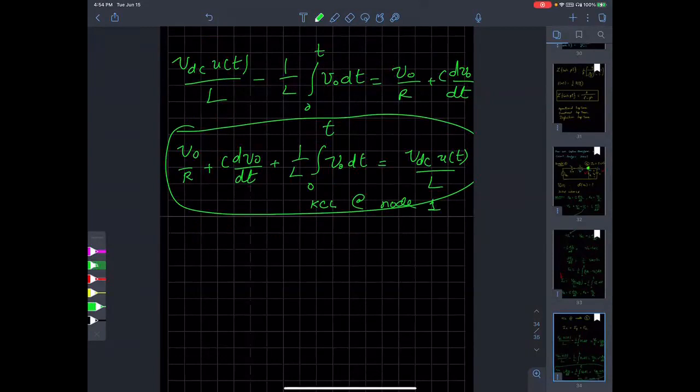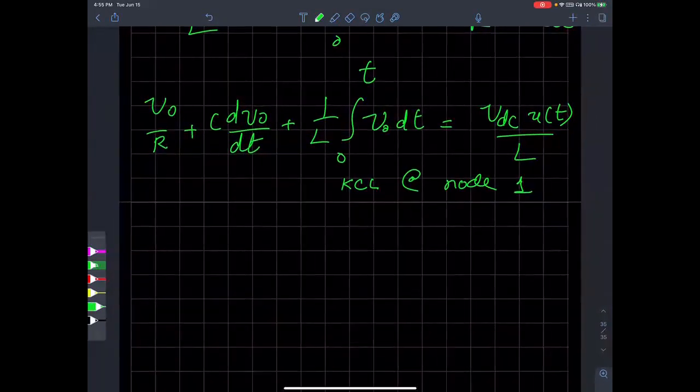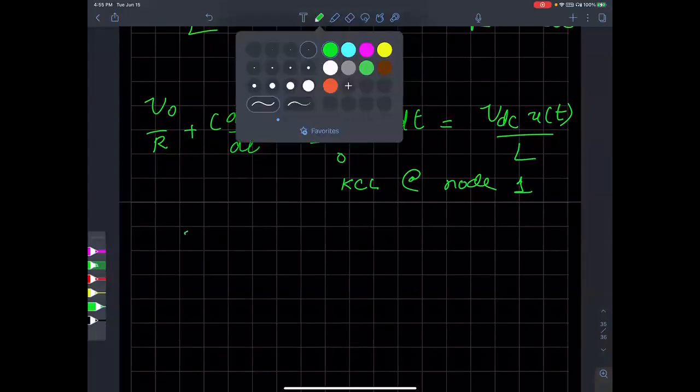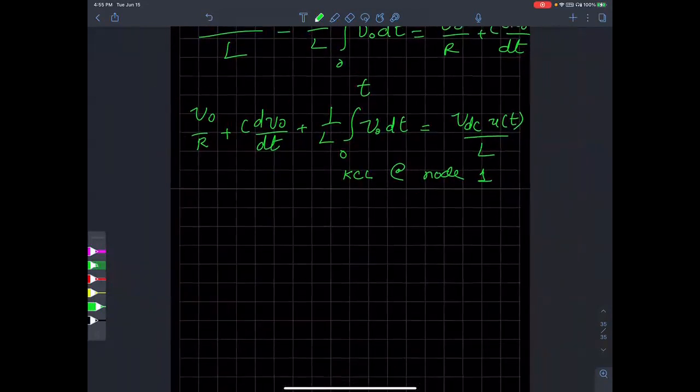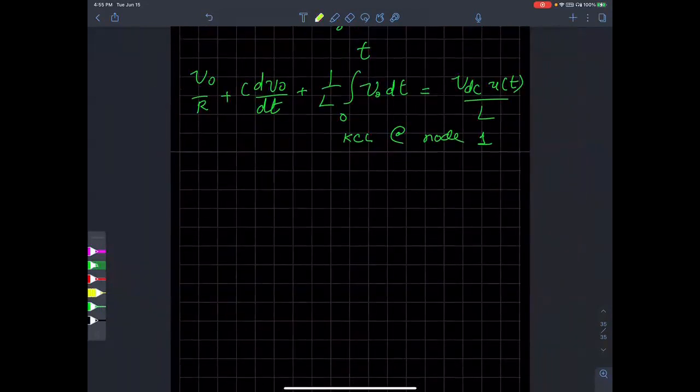I promised you that Laplace transform is going to make our life easy, and see how. If you did not have Laplace transform, you would have had to solve this equation that has a derivative and an integral. But look what I'm going to do. From here, I'm going to take the Laplace transform on both sides.